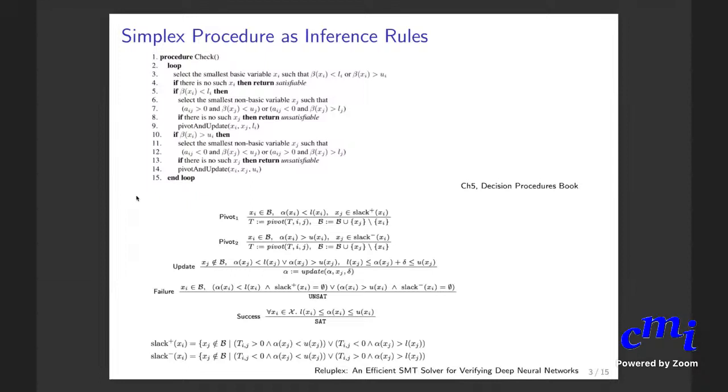Try and construct an over approximation of your DNN model, which is an LP instance, which is just a conjunction of inequalities. Solve it using LP, and the way it constructs the over approximation is by throwing away all the ReLU constraints in your DNN, and I will show that in the example.